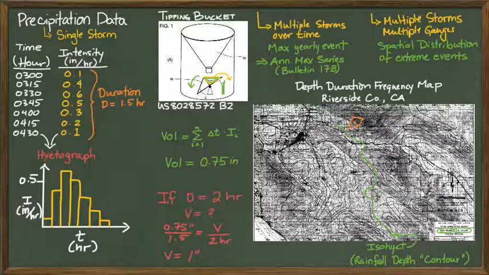So let's say this little orange blob represents the watershed that you're working in, and that little dot in the middle is the centroid. For a depth duration frequency map, one of the easiest ways to grab the data from it is to mark down the centroid and read the depth from the centroid of the basin. There are better ways than doing this, and they involve software.